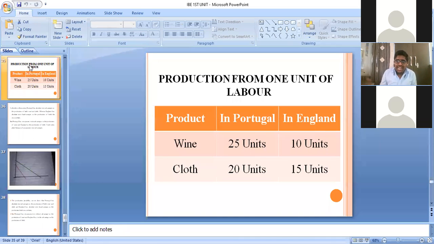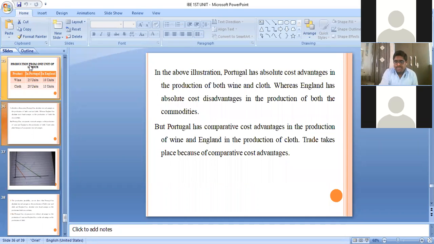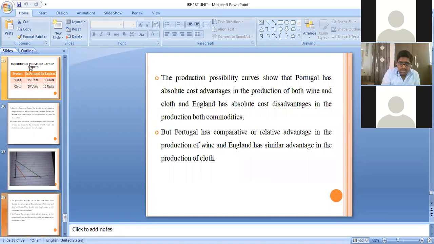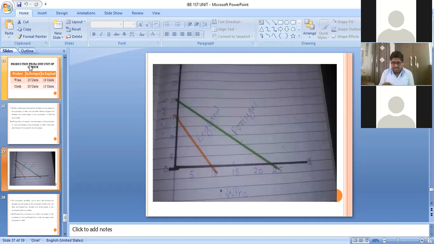England has the advantage in cloth because one labor produces 15 units. If this comparison holds, trade can take place. After this we can draw a possibility curve.